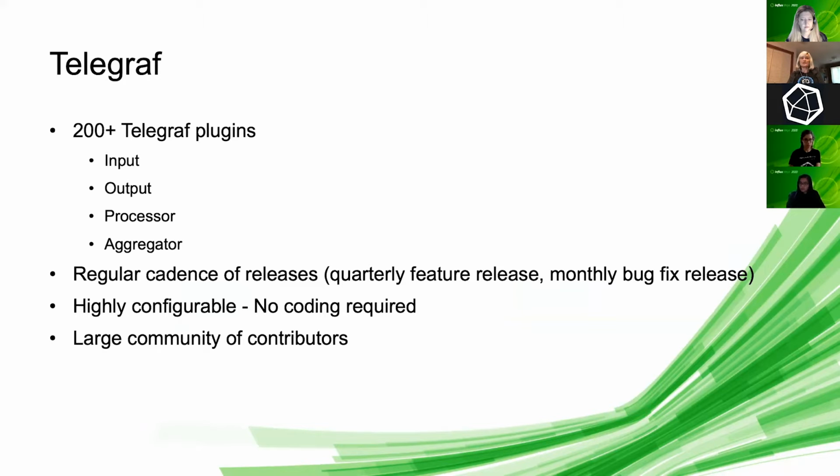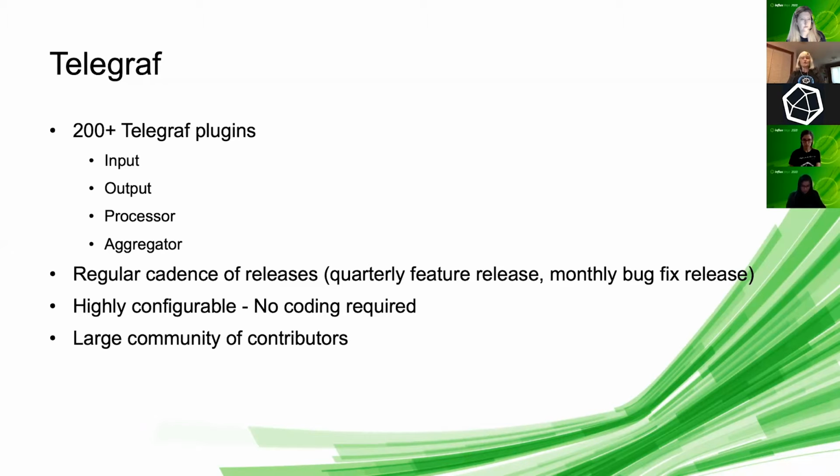Processor plugins, which enable you to do some type of transformation of the data to make it more suitable to the ultimate target. And then aggregator plugins, which are very useful for the case where I don't want to send all the raw data. I may be accumulating a lot of raw data, and so I want to do some amount of aggregation at the edge so that I'm only sending onto the database the stuff that I will actually be using in my analysis.